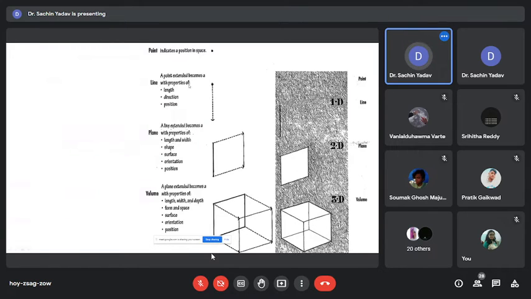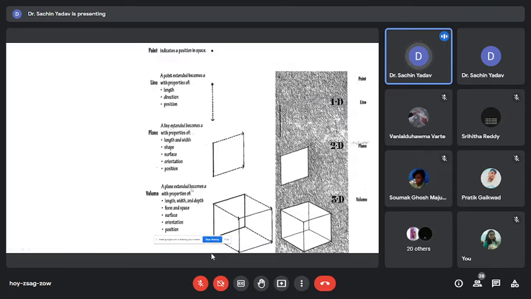A line has the properties of length and direction, right? In which direction length is moving, position. A line extends and becomes a plane with the properties of length and width, the shape of the plane, the surface, the orientation, and the position.